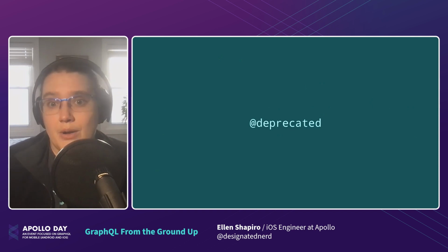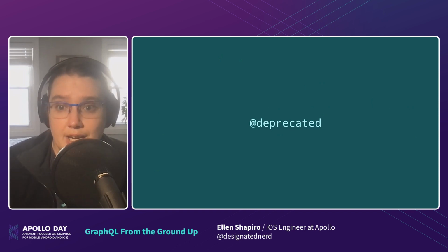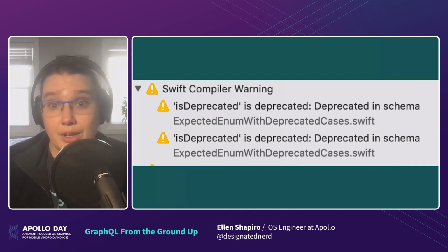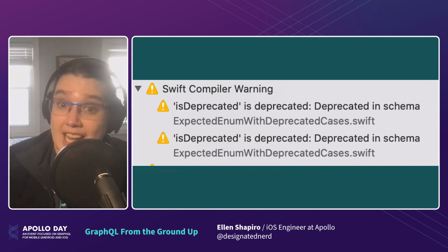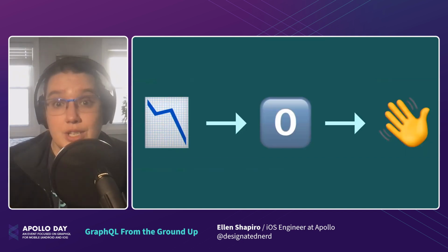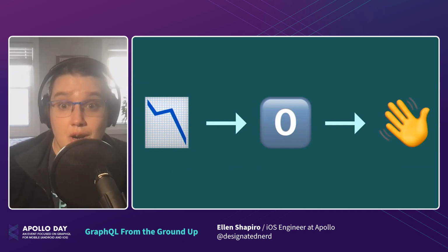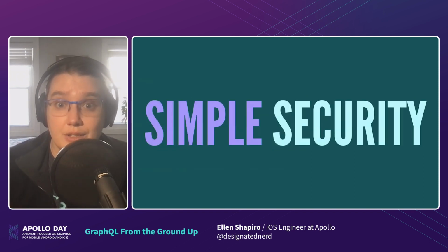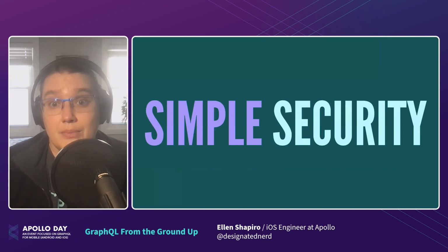And while both our iOS and Android SDK take that deprecation annotation from the schema and add a Swift or Kotlin warning for you when you're using a deprecated field to try and tell you to stop doing that, they can't actually force you to stop. Your server team still has to look at actual usage after something's been deprecated, wait until nobody is actually asking for that field anymore before actually saying goodbye to that field. The good news is that this is way safer for clients, but the bad news is that just removing something becomes a whole procedure.